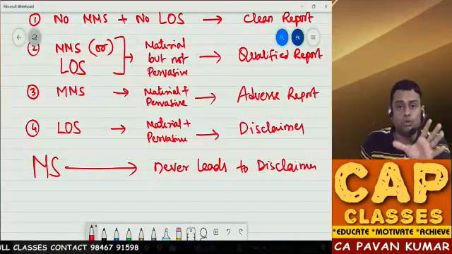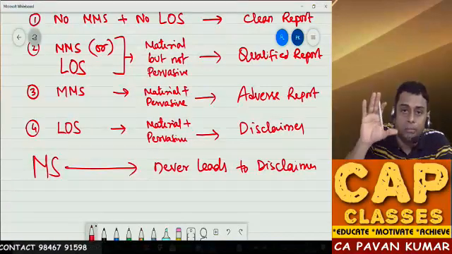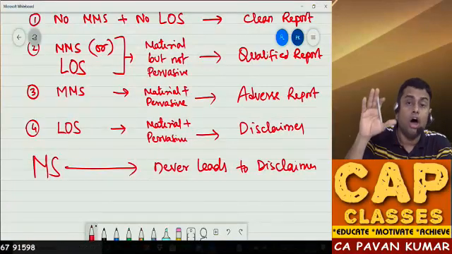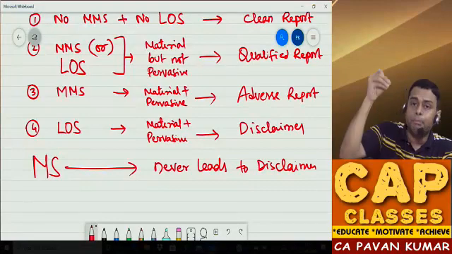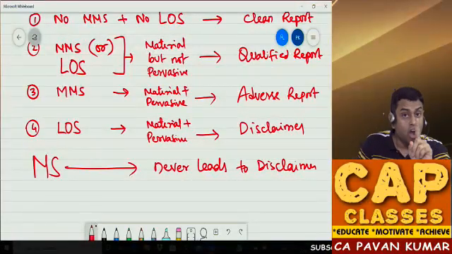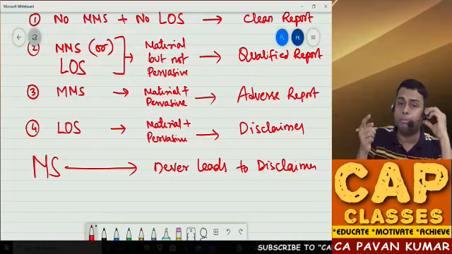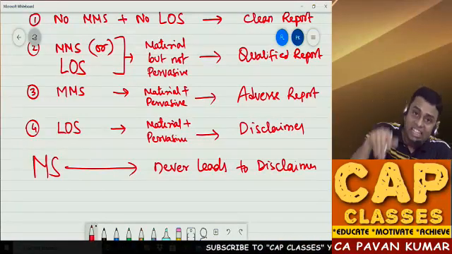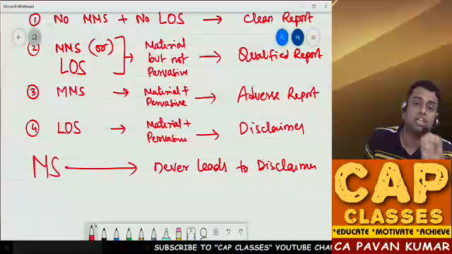This phrase means audit evidence is available, and this evidence is proving that the transaction is a fraud. So it is not the problem of lack of evidence. The problem is there is evidence which is proving that the transaction is a fraud.